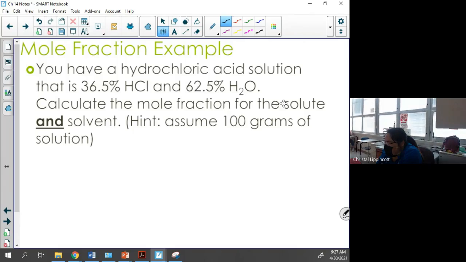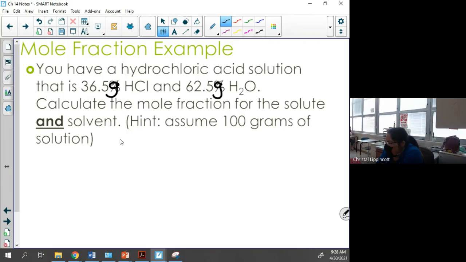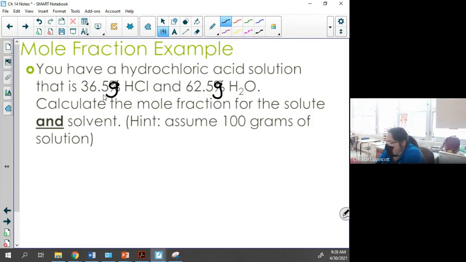So we're going to calculate the mole fraction of the solvent and the solute, okay? Assume that you have a 100-gram sample. If you have a 100-gram sample, that means that you've got 36.5 grams of this guy and 62.5 grams of this guy. So step one, we are going to turn these guys into moles.